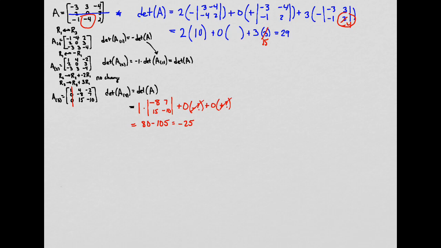And I need to change that sign to -15. So I get 20 minus 45 is -25. Now, does that agree? Yes, okay. Phew! That's embarrassing when you make a mistake.